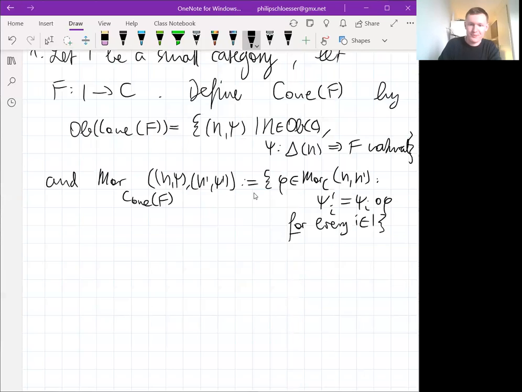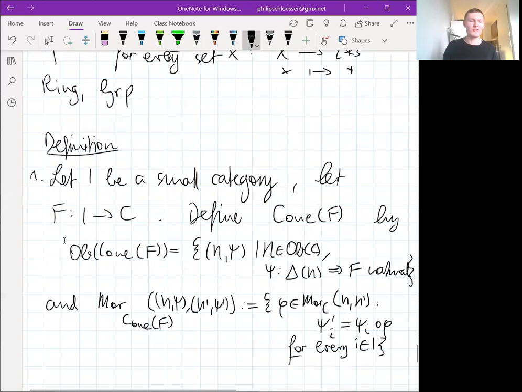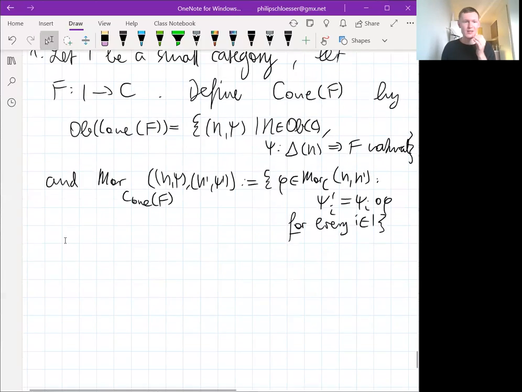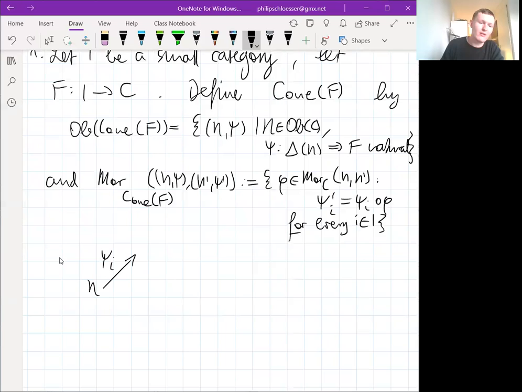Yes. So I've already sort of alluded to the fact that a functor on a small category, we can see that as sort of a diagram in C, somehow modeled on I. And what this cone means is that we have morphisms psi_i from N to every object, in particular to every F of i.